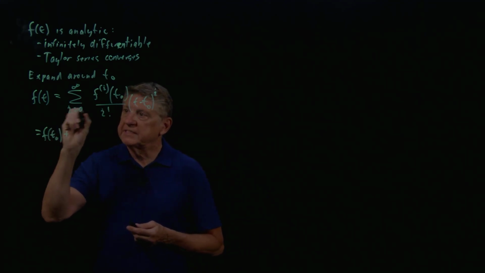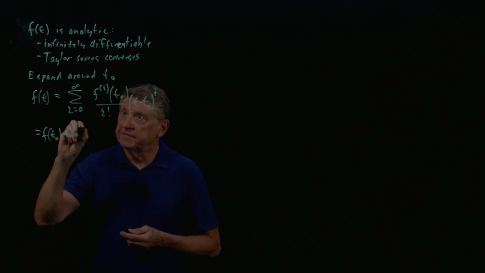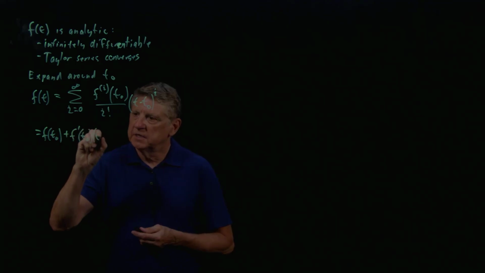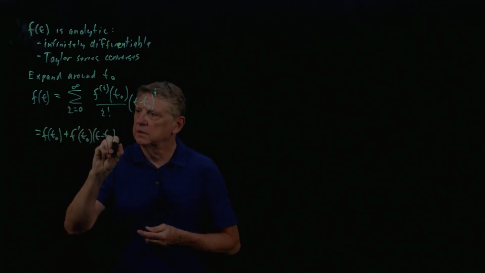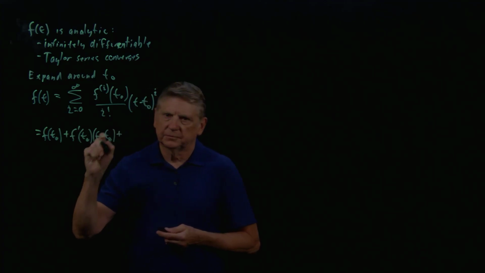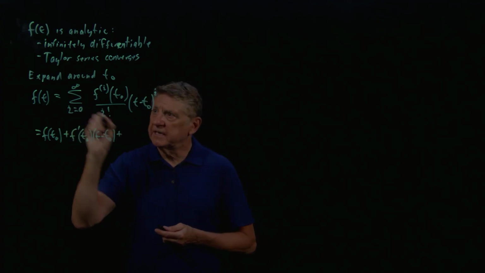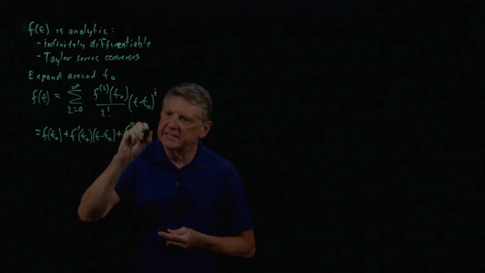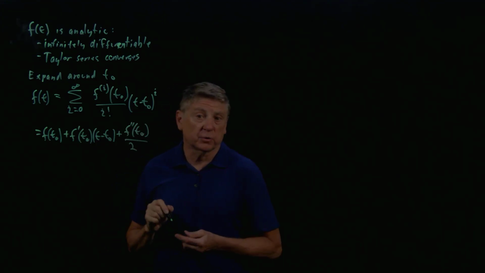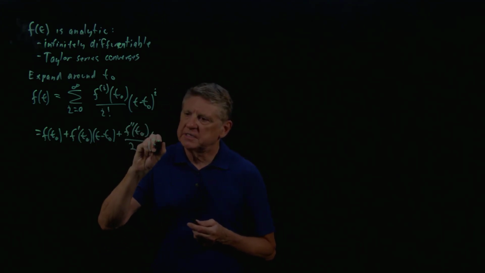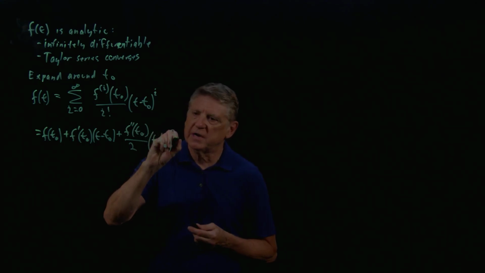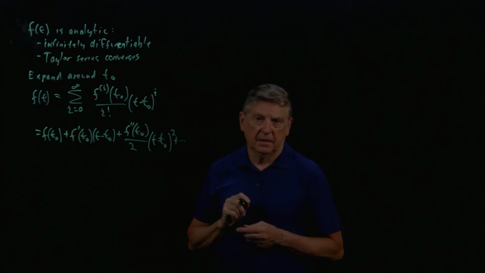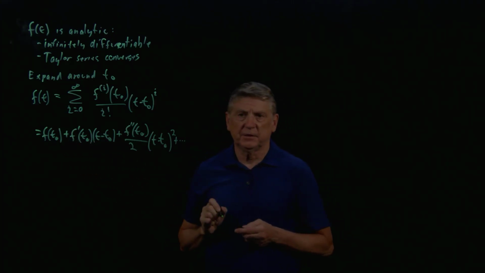When we set i equal to 1, that will be f prime evaluated at the expansion point times t minus the expansion point, plus, when we set i equal 2, that is f double prime, the second derivative, at the expansion point over 2 factorial, which is just 2, times t minus the expansion point squared, plus dot, dot, dot. Now, this dot, dot, dot means that this is an infinite series.